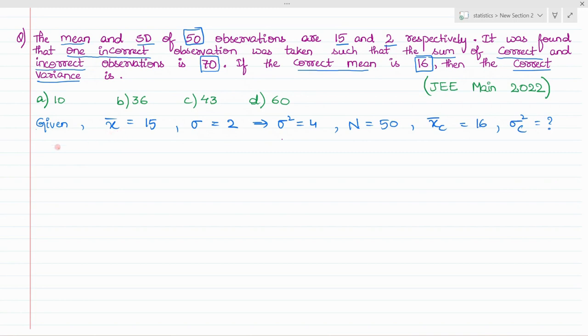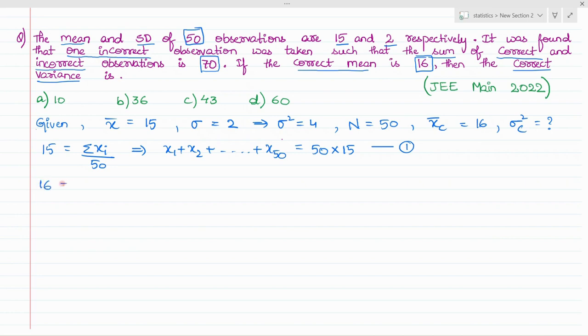So according to the basic definition of mean, 15 is equal to the sum of all the observations upon total number of observations, that is 50. From here we can write x1 plus x2 so on till x50 is equal to 50 into 50. Assume this as equation 1. Now we have one more, the correct mean.